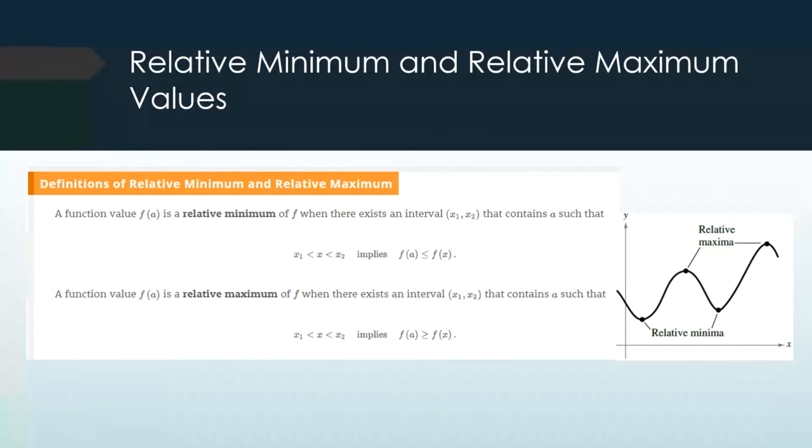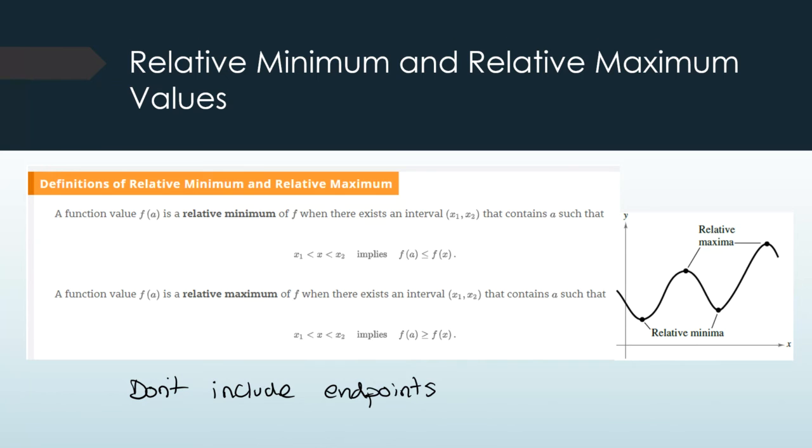Next are relative minimum and relative maximum values. We don't include endpoints here, so I'm going to just make a note. If there is anything where it stops, we don't look at those. We only look within, where it has other parts on either side of it. I've got a graph here.